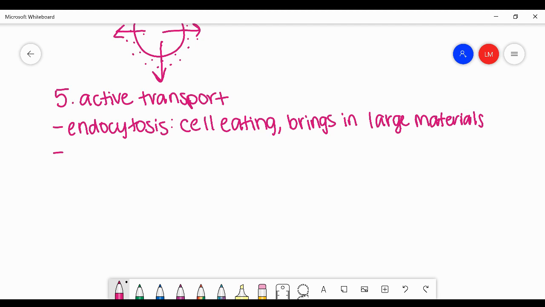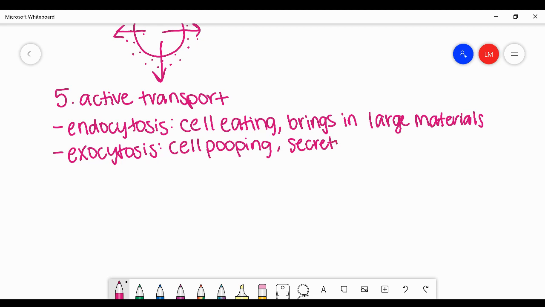The opposite of endocytosis is exocytosis. We can think of exocytosis like cell pooping. And don't you worry, I have an even better video of that. And so this is the secretion or release of materials.